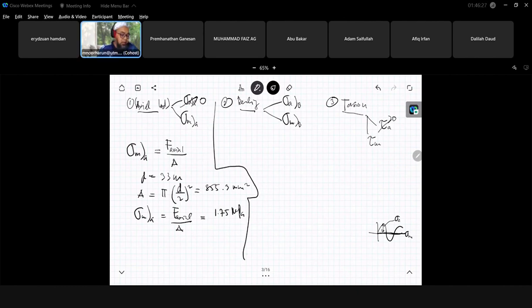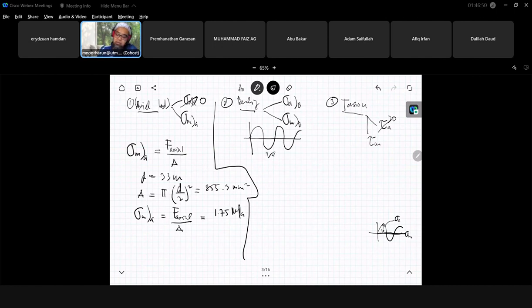Okay, untuk bending, it's like the RRN mode test. So dia akan jadi macam ni lah. Kita panggil reverse, fully reverse.